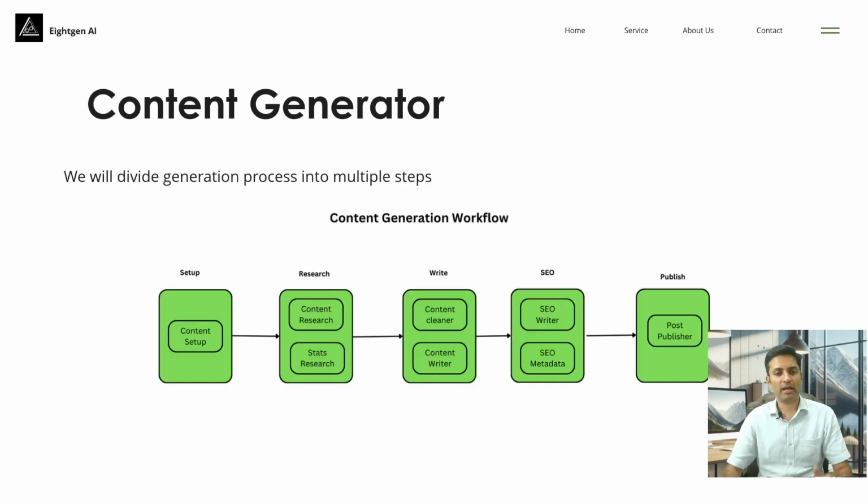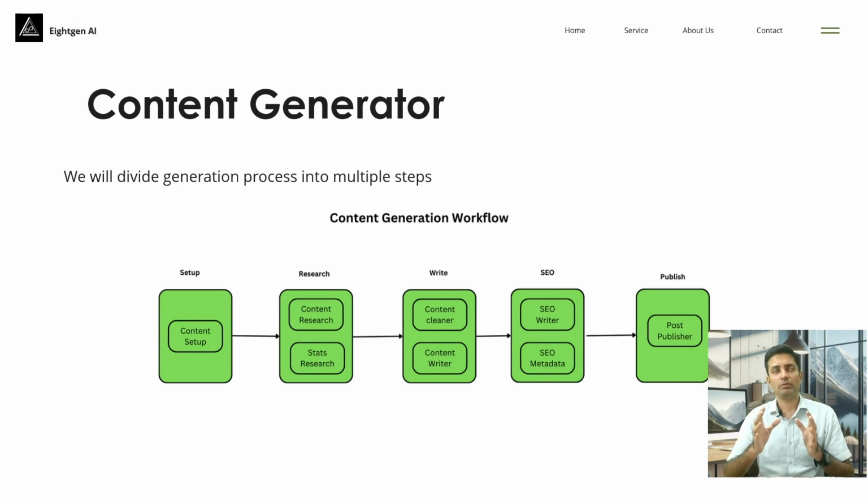Now once we have a plan, then it comes to content generation. This is where I think the whole designing process, especially for large language model applications, comes into the picture. It is not that there's one way or another way.